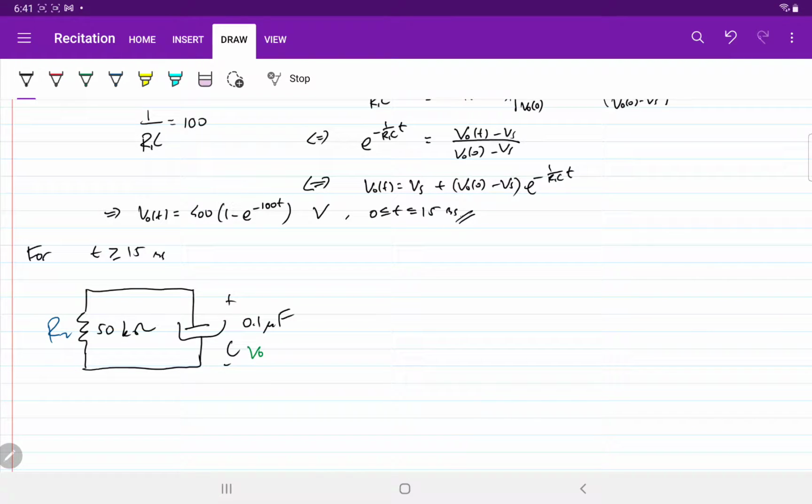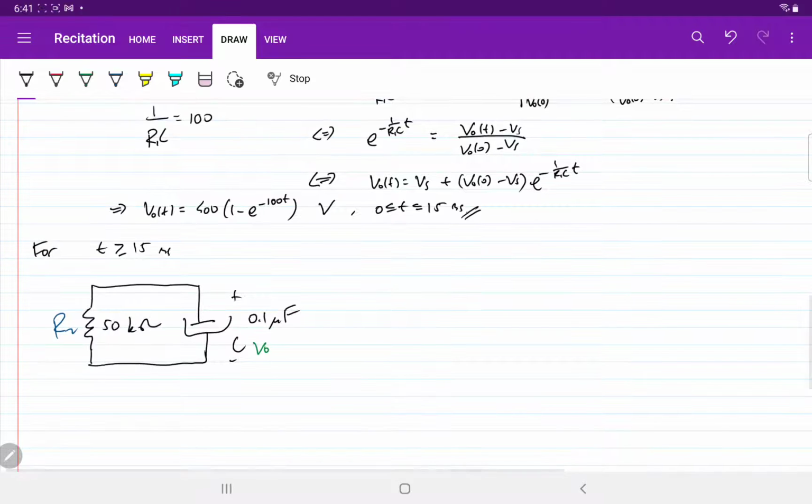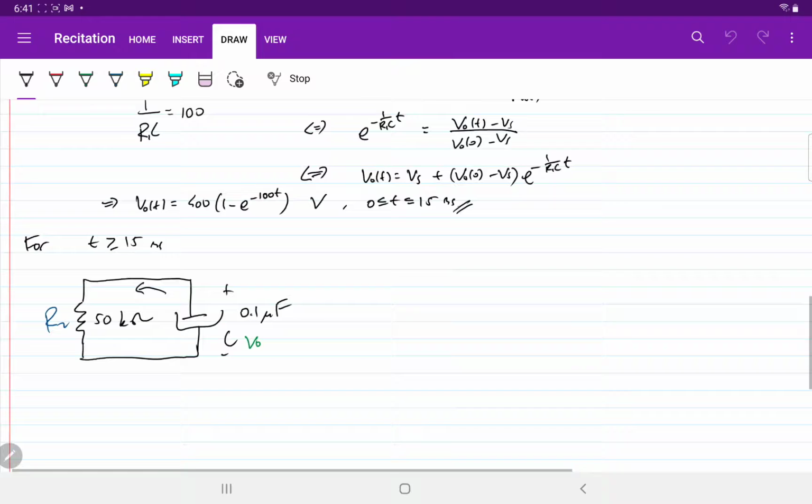Now that the capacitor is charged, when you have this circuit, it will give the energy to be dissipated by this resistor, right? Let's say there is a node here, and the voltage across the capacitor is the same as the voltage across the resistor, because they are in parallel.